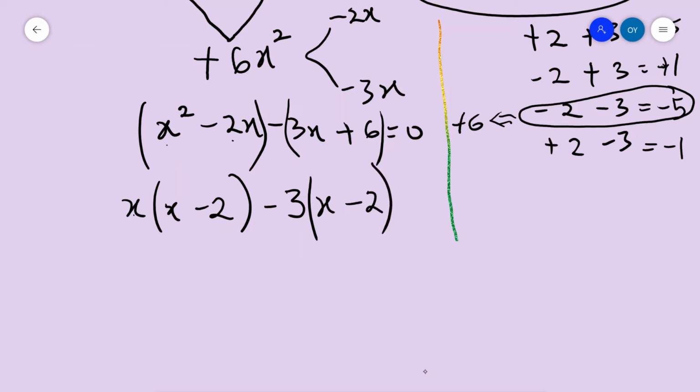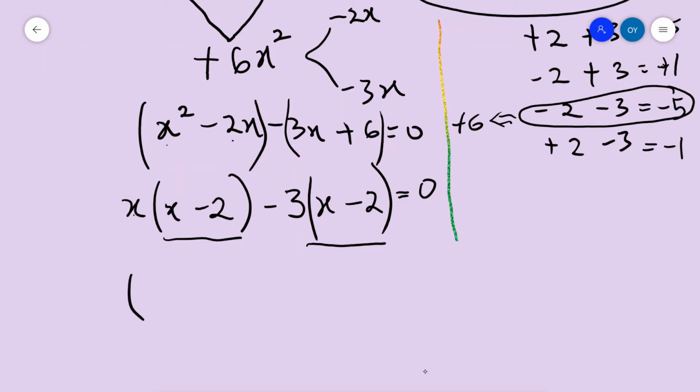Whatever we have here must also be the same here. If it's not the same, then the expression is wrong. So this equals 0. So now, looking at this expression, what is common to them is x minus 2.